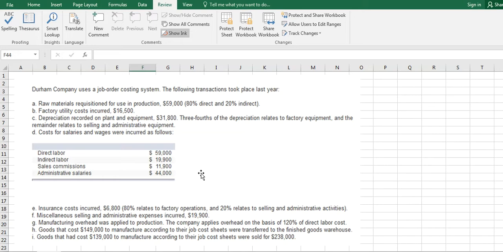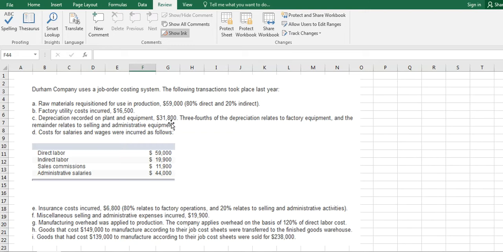As far as selling and administrative, if we work through it, raw materials has nothing to do with selling and administrative, so we can just skip A. Factory utility costs, we already included that in our indirect cost. C was depreciation. Some of it's on plant and equipment, but the rest of it is in relation to selling and administrative equipment. So part of that does apply to our selling and administrative costs.